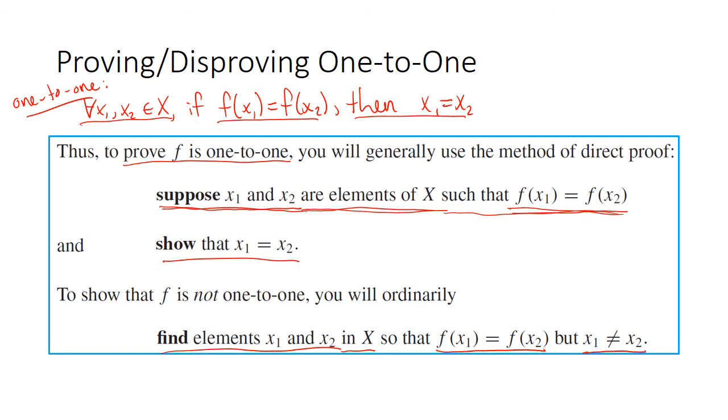So you need that f of x1 is the same as f of x2, but x1 and x2 are not the same. In other words, you have to find two different elements of the domain, two different inputs that give you the same output. So that is how you show it is not one-to-one. Find two different elements that give you the same output.